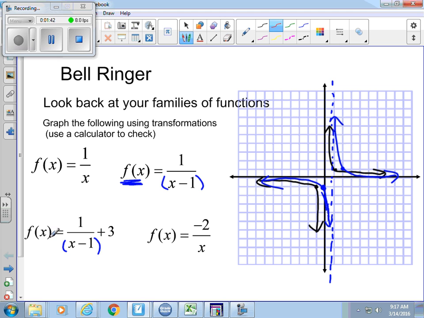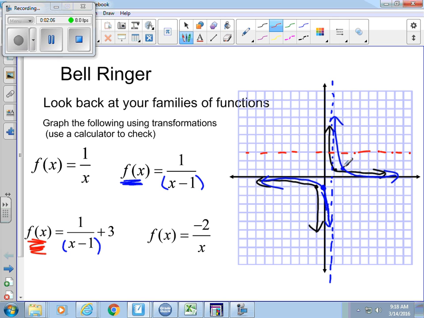Okay, let's make this one red. How is it moved? Right one and up 3. So from this one, it's just moved up 3. I'm going to pick up, do you see the horizontal asymptote here? I'm going to pick it up and move it up 1, 2, 3 units. And then I'm going to go off of the blue vertical asymptote.